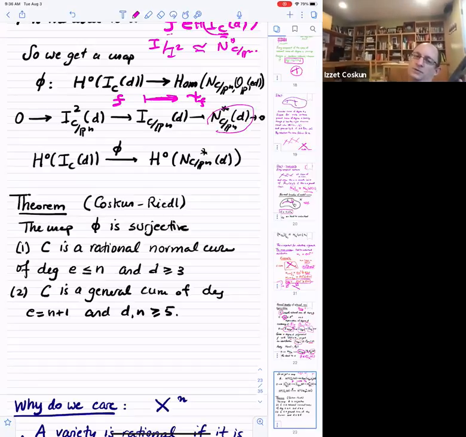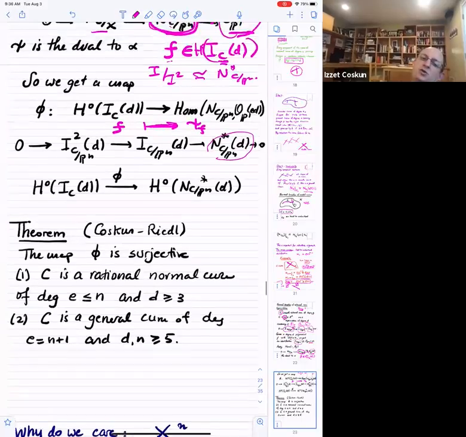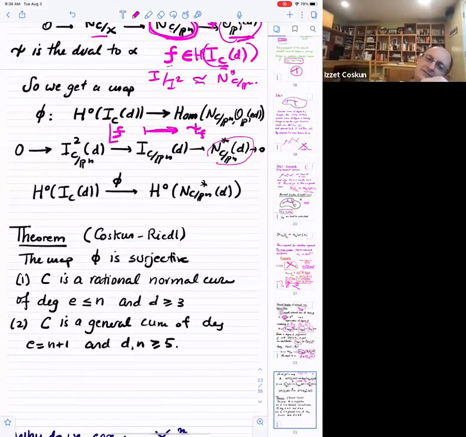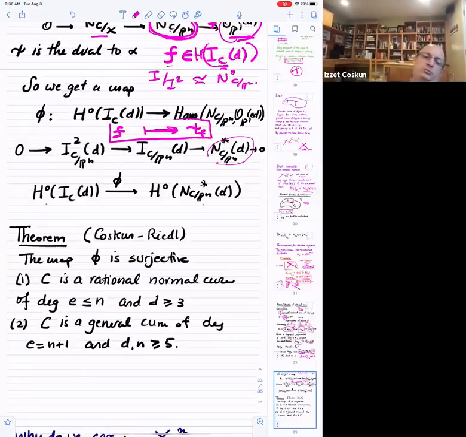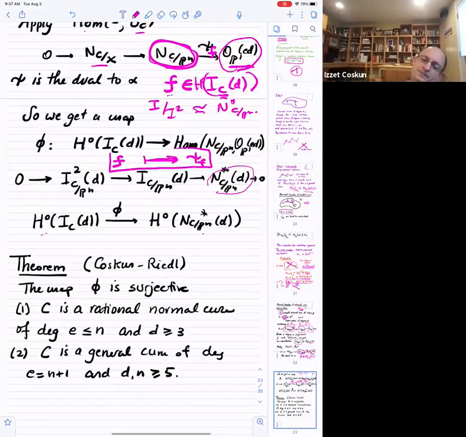Then you get the dual of the normal bundle, right? So it's not so hard to see that this identification sending F to psi of F is actually nothing other than this map in the global sections. Again, this is a local calculation. You can do it or look in the papers, so that you see that this map goes like this.